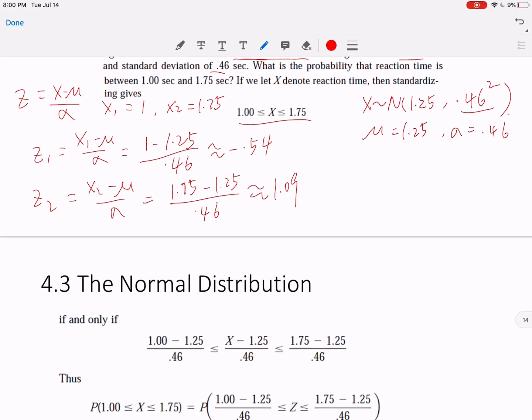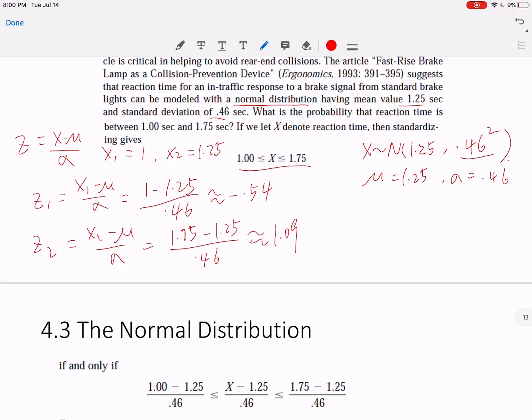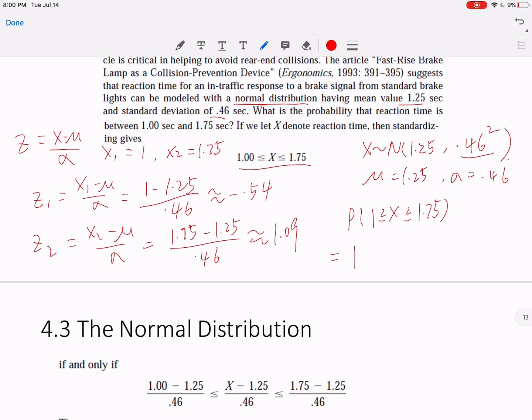And then of course the probability that x is greater than or equal to 1 and less than or equal to 1.75 would be equal to the probability that z is greater than or equal to negative 0.54 and less than or equal to 1.09.